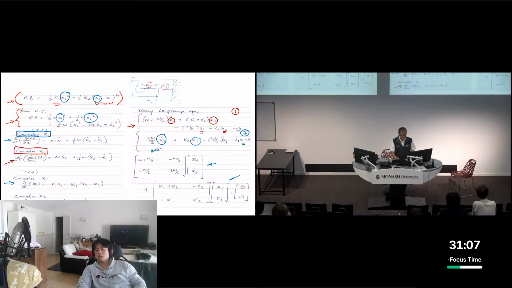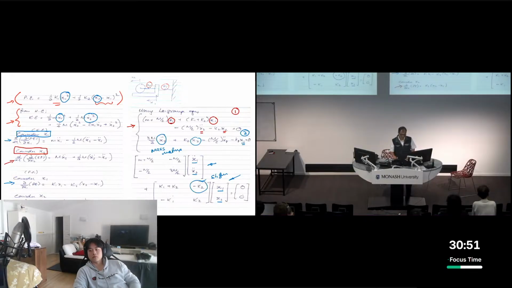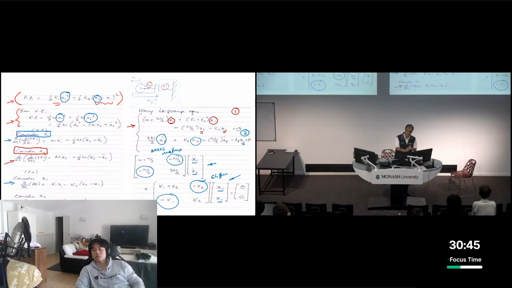This is my mass matrix, and that will be my stiffness matrix. And if you look at this, x1, x2, you find that all these things are coupled, which means that anything that happens in x1 will affect whatever is happening in x2, and anything that's happening in x2 will also affect the motion of the mechanical system as defined by x1.